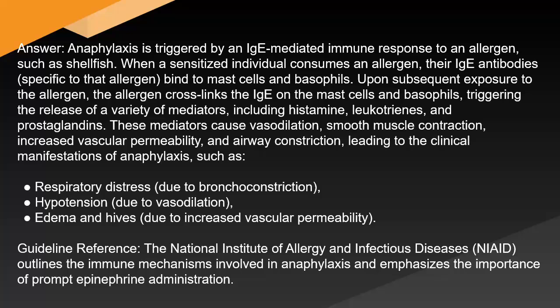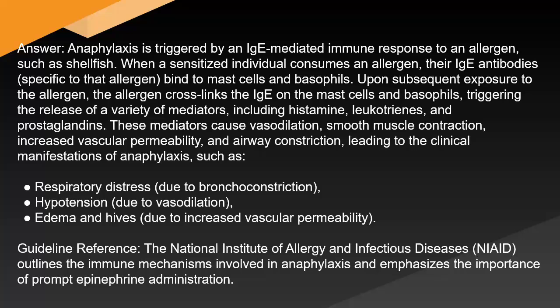Subsequent exposure to the allergen cross-links the IgE on the mast cells and basophils, triggering the release of a variety of mediators, including histamine, leukotrienes, and prostaglandins. These mediators cause vasodilation, smooth muscle contraction, increased vascular permeability, and airway constriction, leading to the clinical manifestations of anaphylaxis, such as respiratory distress due to bronchoconstriction, hypotension due to vasodilation, and edema and hives due to increased vascular permeability.